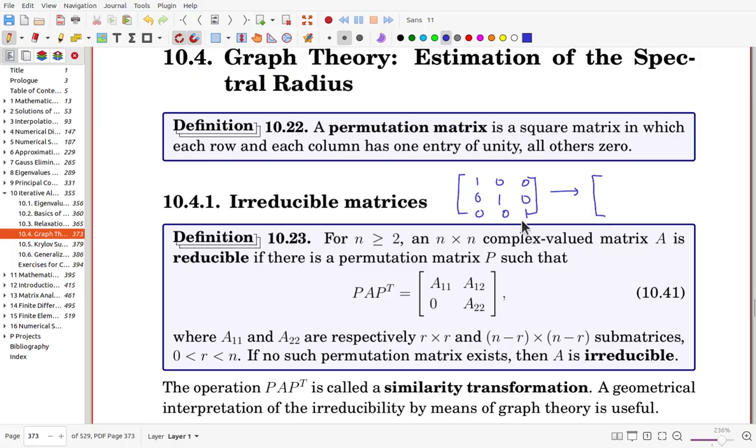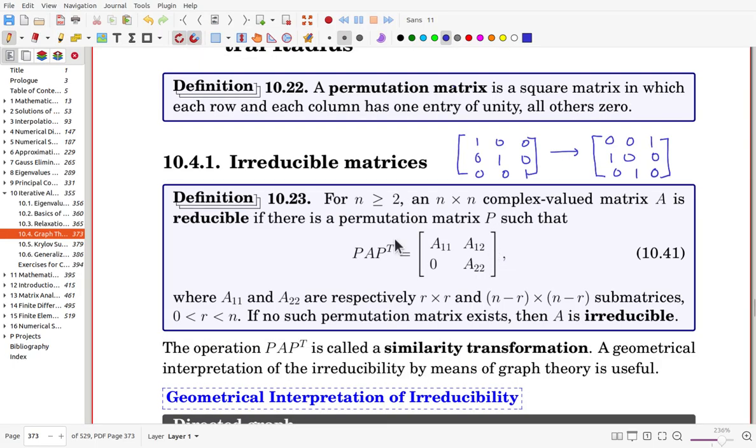First we move this bottom row to the top, and we move down these two rows. That is a permutation. If you look at rows and columns, you can see only one entry of unity and all others zero, so it is a permutation matrix. In general, a permutation matrix is obtained by such row interchanging of the identity matrix.